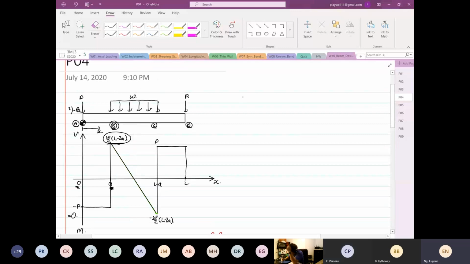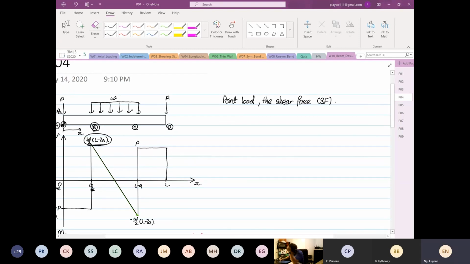So on point load, the shear force, SF, will have 0 gradient.